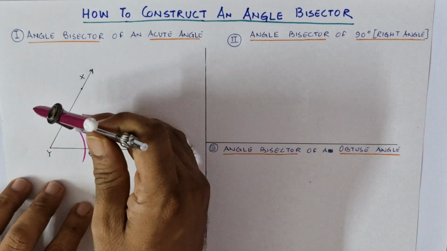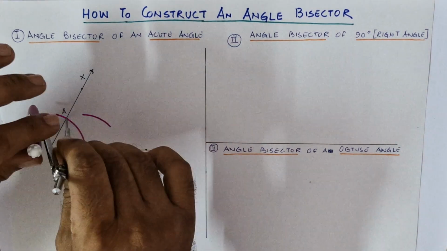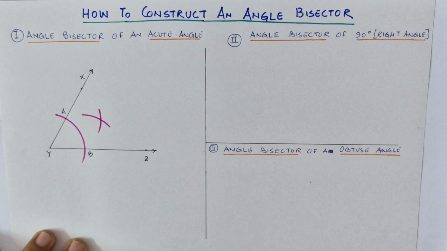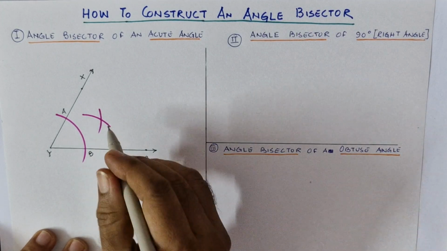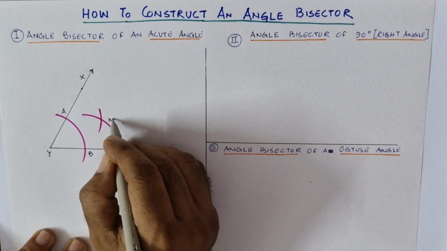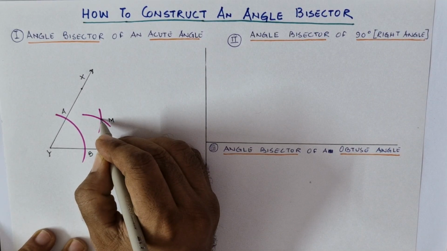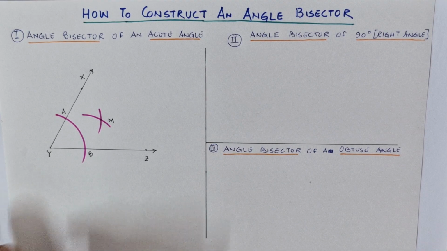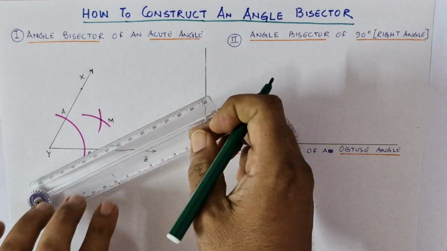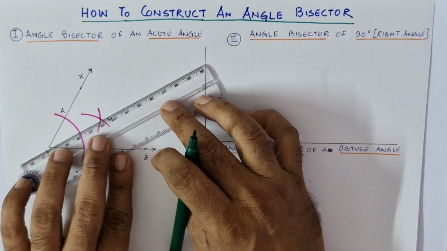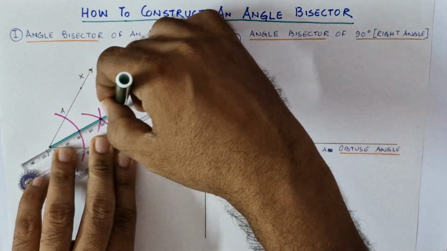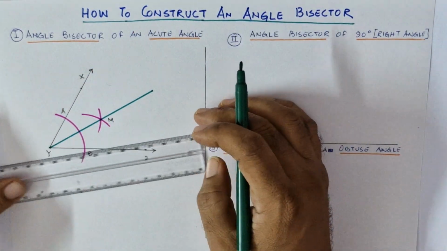Now the next step is with A as center, cut the previous arc at M. So we'll call this M. We'll mark this intersection point. Now we'll join Y and M. Got it?